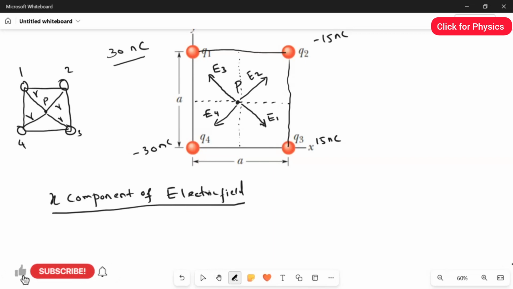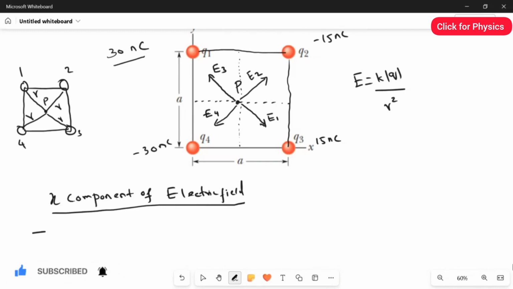Why? Because we know the formula for the electric field, which is equal to K times the magnitude of the charge divided by the distance squared. So if you want to calculate the electric field, from the point where you are calculating it to the charge, we must know the value of r. So now I'm going to write the x component.